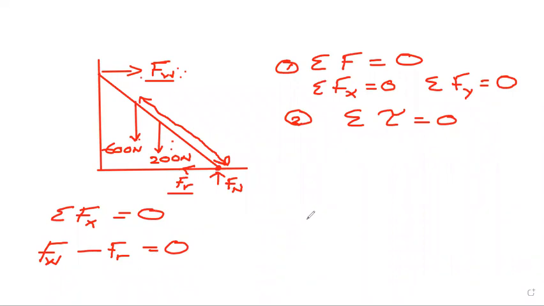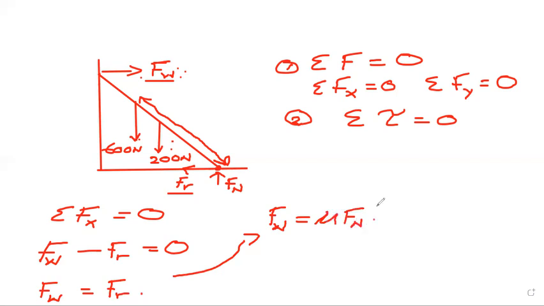But remember that we can find the value of the frictional force. So we can simplify this equation further by simply saying the wall force is equal to the frictional force. The frictional force here, we can replace with an equation for the frictional force. Remember that frictional force is given by mu multiplied by the normal force.